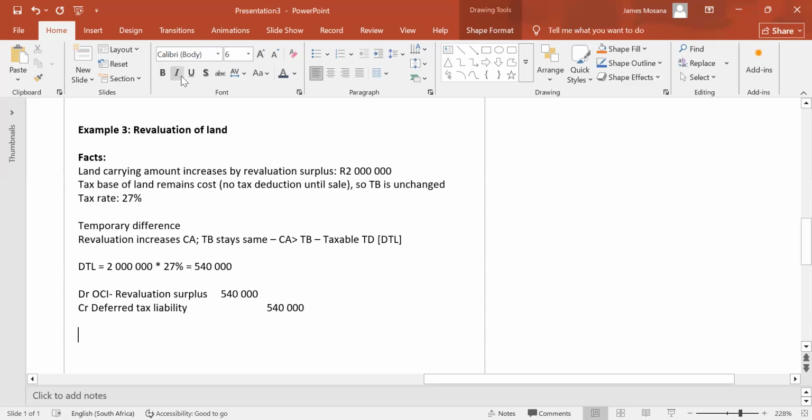Now, the key thing that I can tell you about this example 3 is that, of course, the gain was in OCI. The deferred tax also goes to OCI. That's the key thing, right?